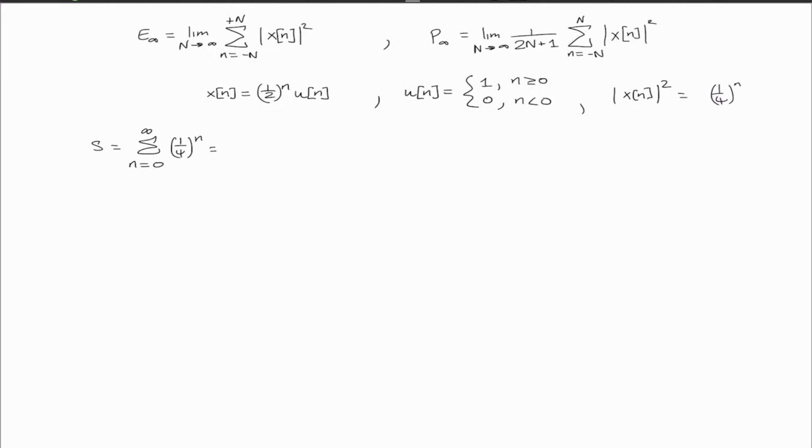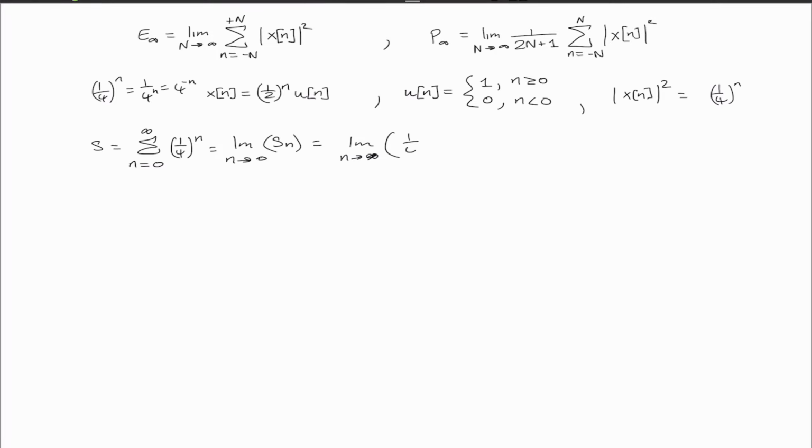Thus, that is the limit as n goes to infinity for this partial series sum. We can write the geometric ratio, 1/4 to the n, as 4 to the power of minus n.